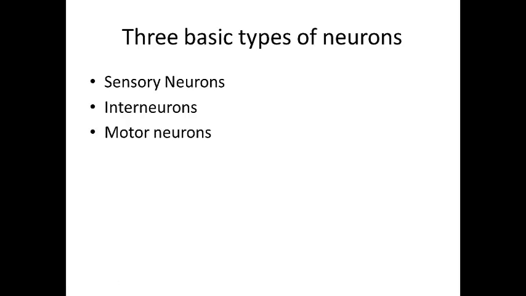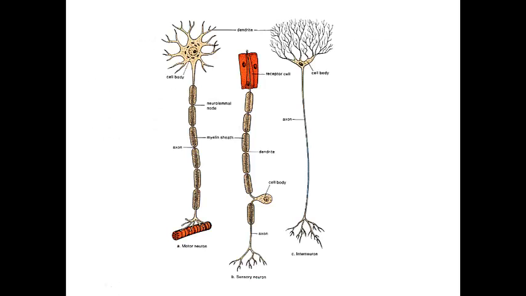So there's three basic types of neurons: the sensory neurons, the interneurons, and the motor neurons. And they do have slightly different shapes. Notice the ending here called the dendrites. That comes from the word dendron, which I think is Greek. It means tree. You can see why it would be called a dendrite, because it's so branched like a tree.